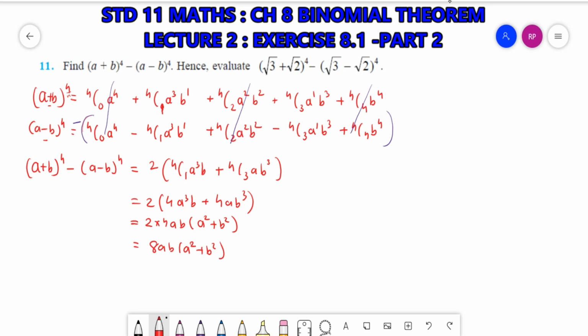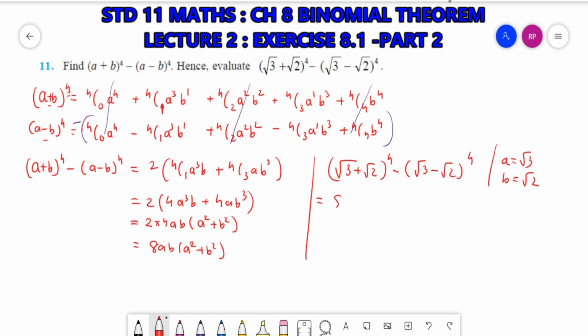So now for finding out the value of root 3 plus root 2 raised to 4 minus root 3 minus root 2 raised to 4, I will take a equal to root 3 and b equal to root 2.